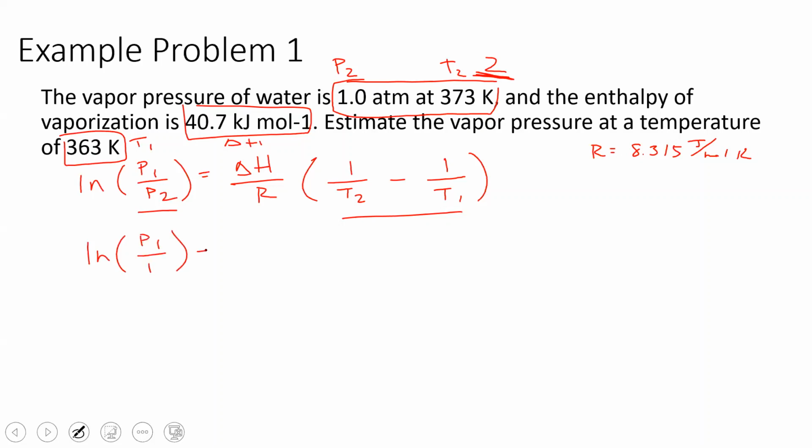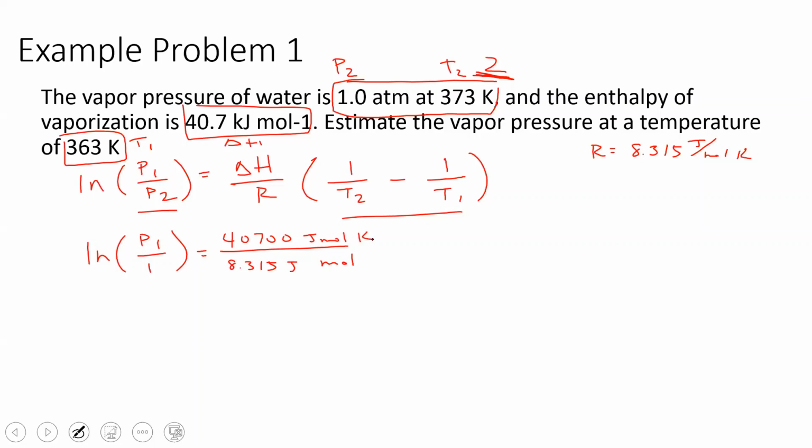That's equivalent to, now, our constant says we need to work with joules, but our problem gave us kilojoules. So we have to convert kilojoules to joules. That means we have 40,700 joules, and I'll put the moles down here, over 8.315 joules per mole Kelvin.